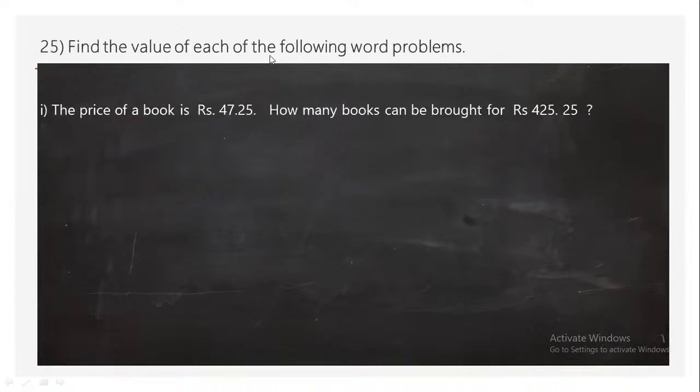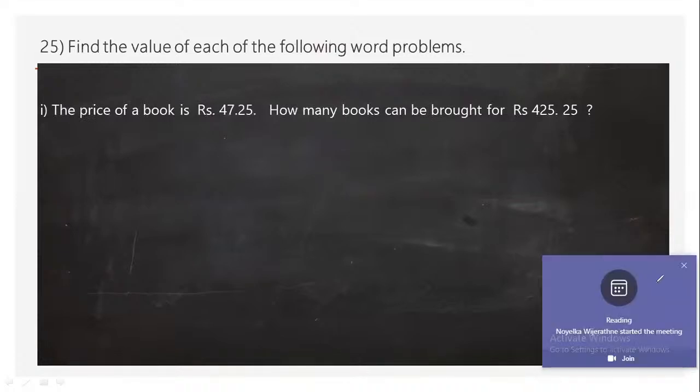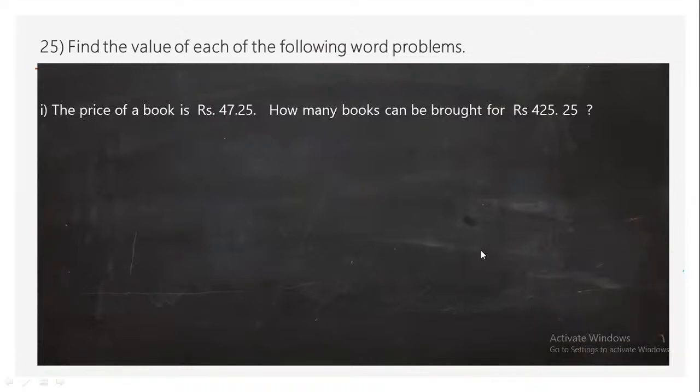25. The price of a book is 47.25. How many books can be bought for 425.25 rupees? Then you can write number of books equals 425.25 divided by 47.25.